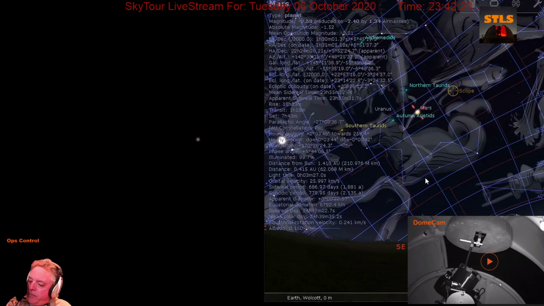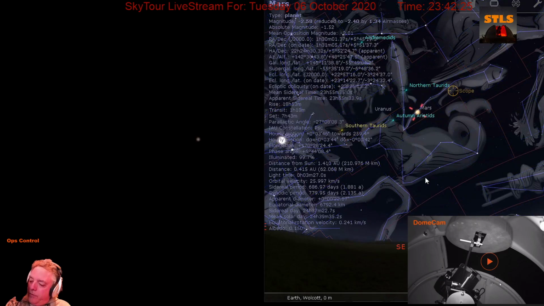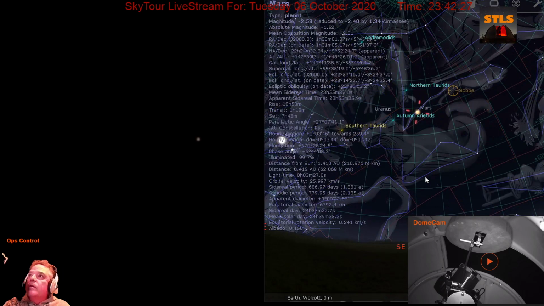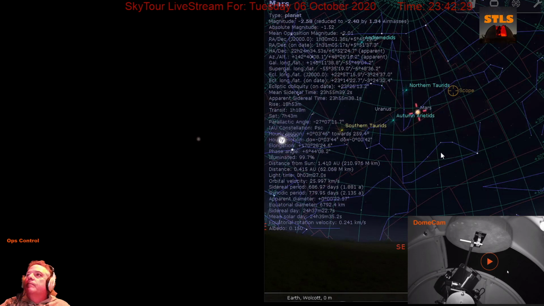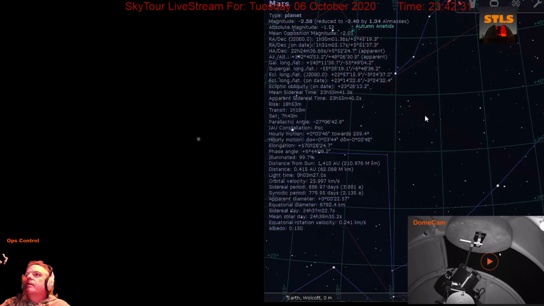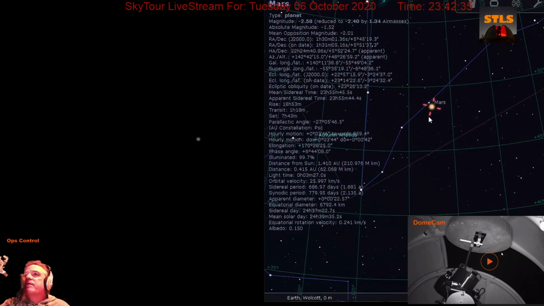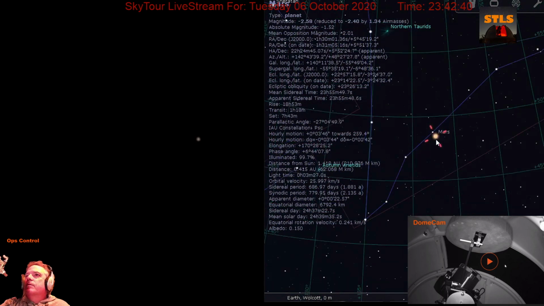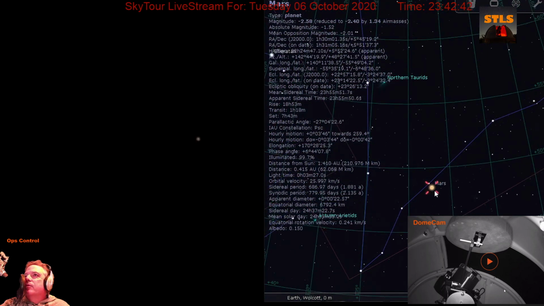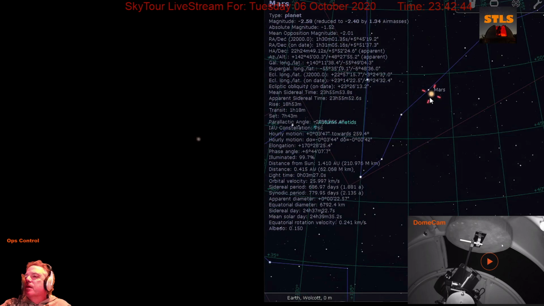If we get rid of our equatorial grid and bring up our regular grid, then for us, Mars is about 50 degrees up in the sky, a little bit less. You're going to have Mars being more than 60 degrees up from your southern view. So it's going to be a little better looking down there than it is here.